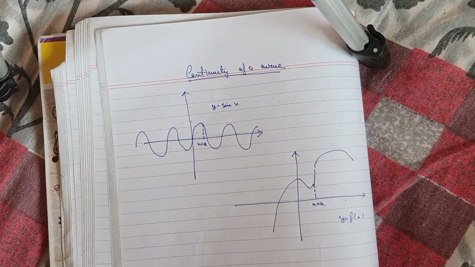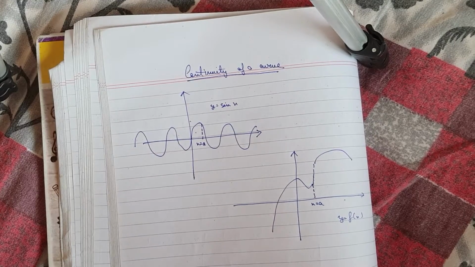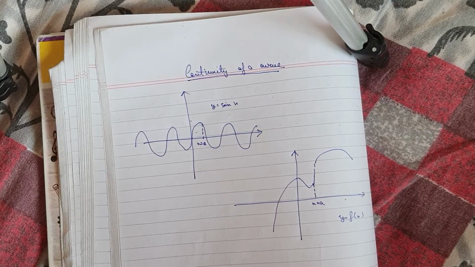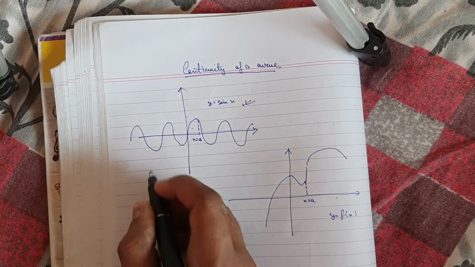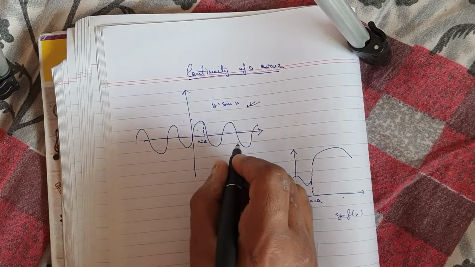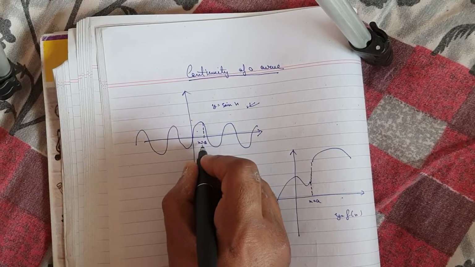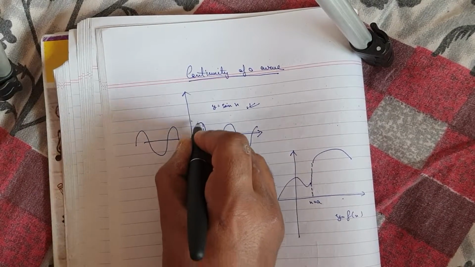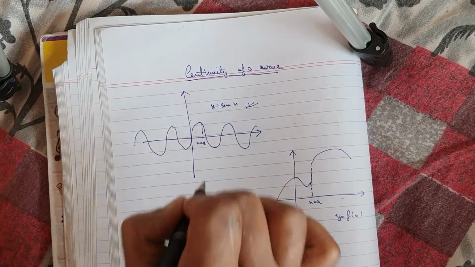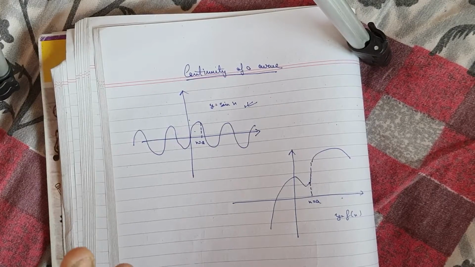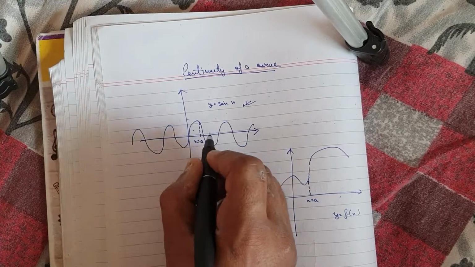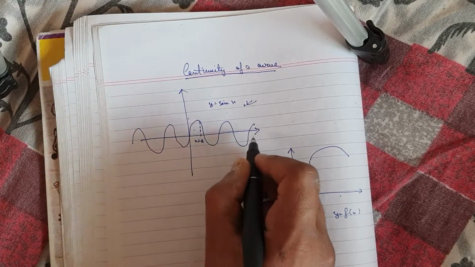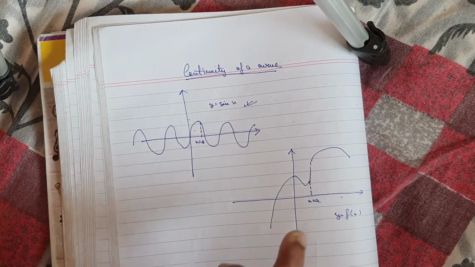Now let's see one thing. Now what is that? See, in this particular curve, imagine you are drawing this curve. When you reach x equal to a, you can still continue drawing the curve without lifting up your pen, right? Can you do it here?